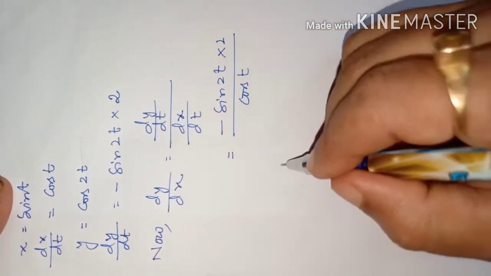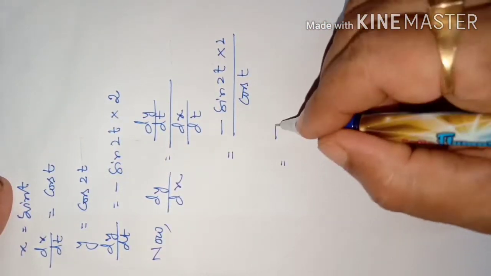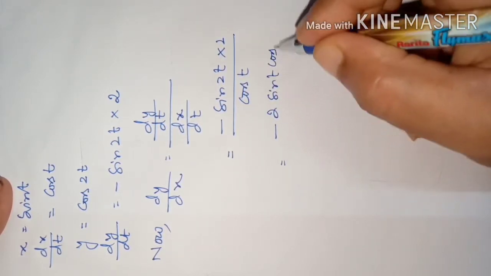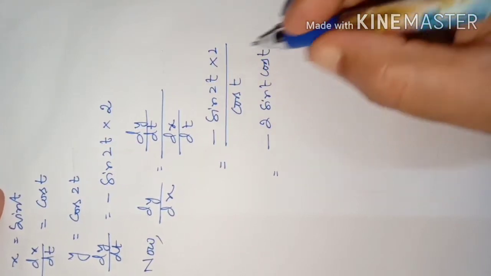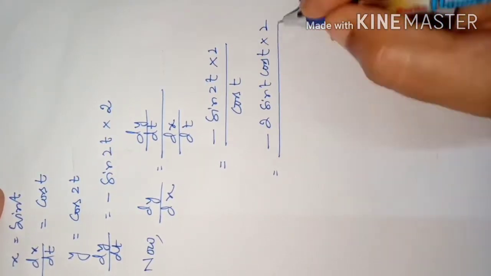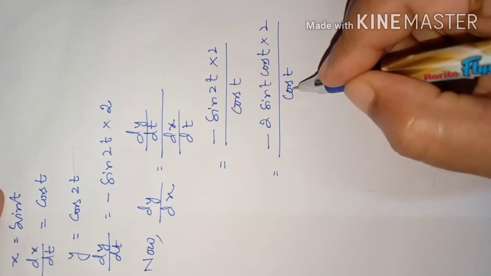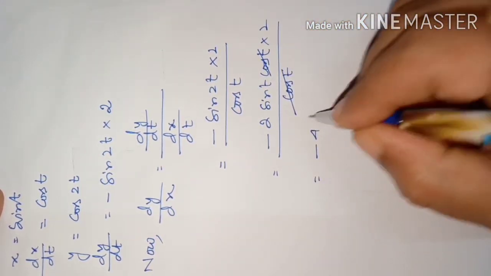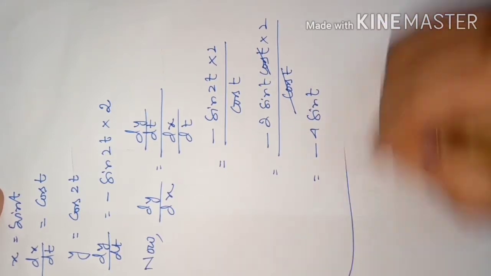So here minus sin 2t, you can write it as 2 sin t cos t, like this also you can write, no? You can expand it into 2 divided by cos t. Cos t when cancelled, then 2 into minus 2 sin t. This can be our answer.